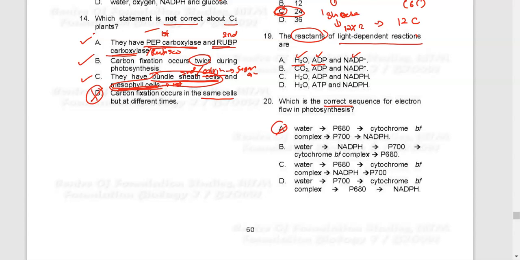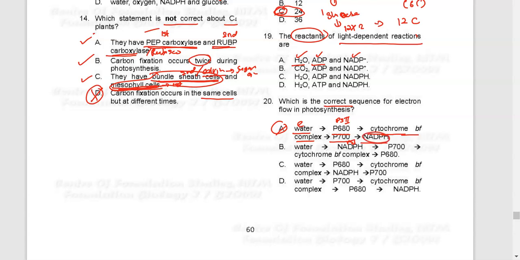The answer will be A. Water is the source of electrons produced during photolysis of water, and the electrons will be accepted by P680, a special pair of chlorophyll a at photosystem 2, then passed along the electron transport chain, which consists of the cytochrome complex, then P700 at photosystem 1, and lastly received by NADPH.